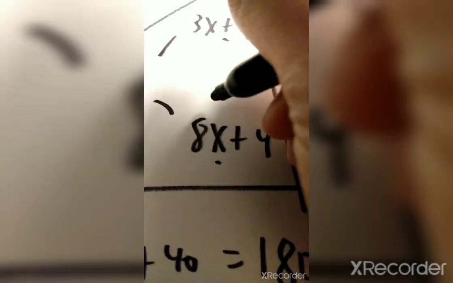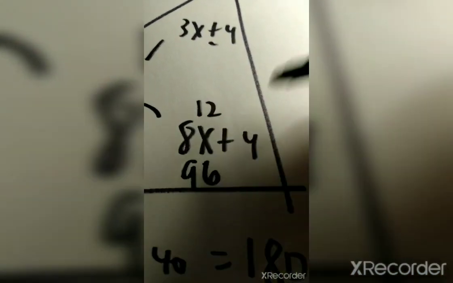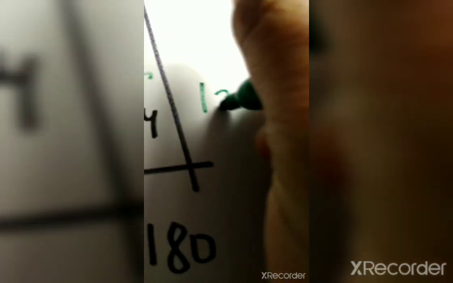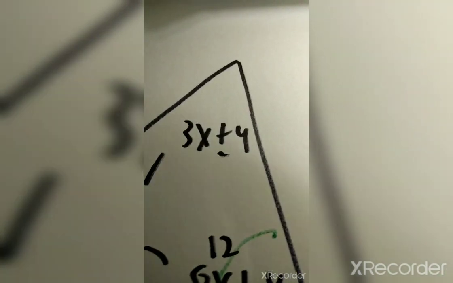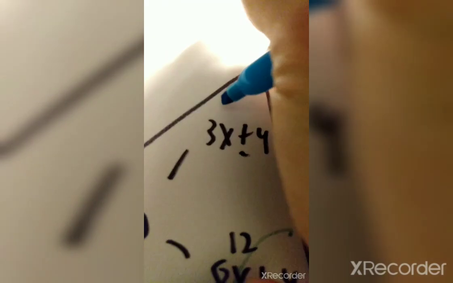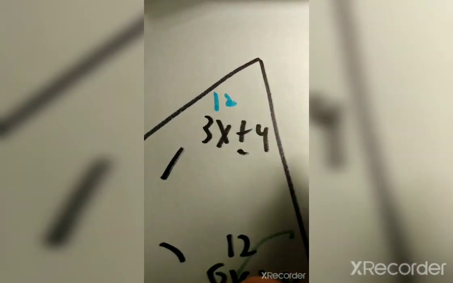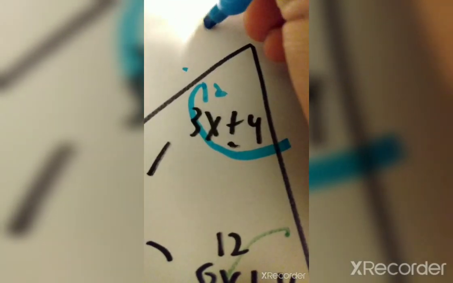Let's insert it into these equations and see what these angles are. 8 multiplied by 12 is 96, plus 4 is 100. So this green angle right here is 100 degrees. For the other one, 3 multiplied by 12 is 36, plus 4 is 40. So this blue angle is 40 degrees.